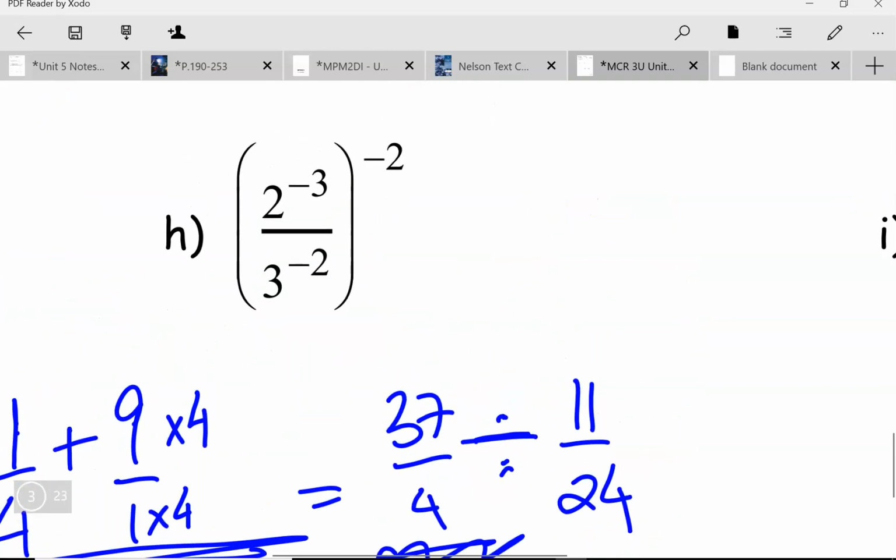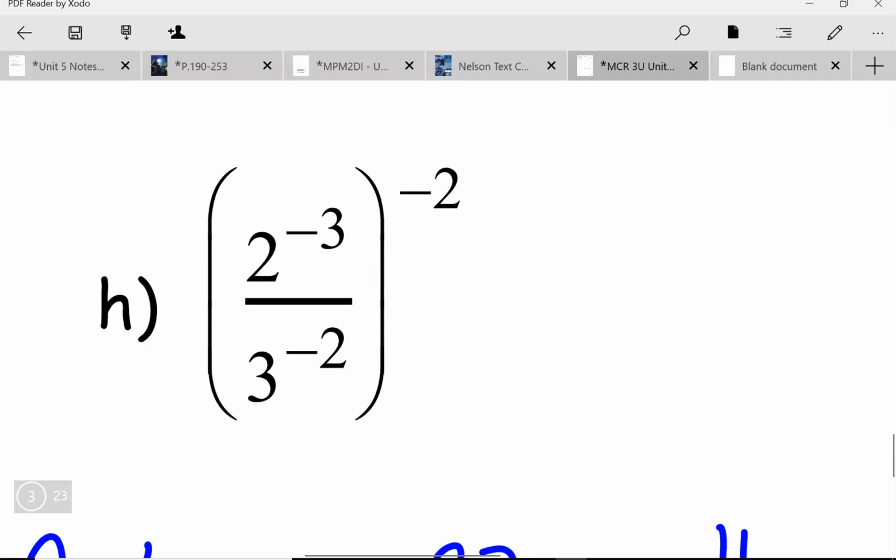Let's take a look at H. There's a couple of ways, again, you can do this. I'm going to do it the easiest way first. Normally the first thing I would do is simplify inside the bracket. There's no weird addition signs like question G, so I can just start flipping stuff, numerator to denominator.